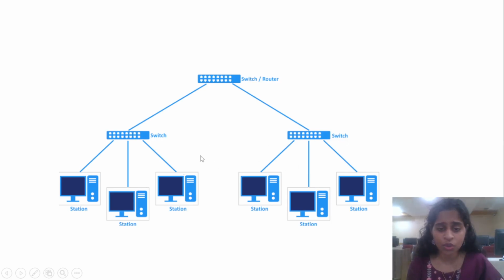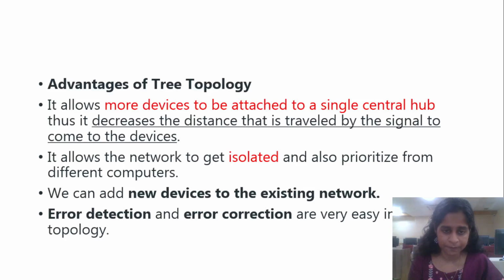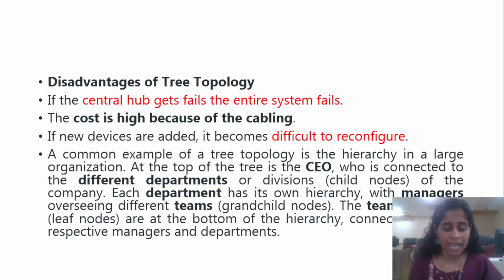If these two want to communicate, this hub must be working properly, and then only it can pass the message to the other station. So if something happens to the central hub, it is difficult to reconfigure. And the cost of cabling is also high.